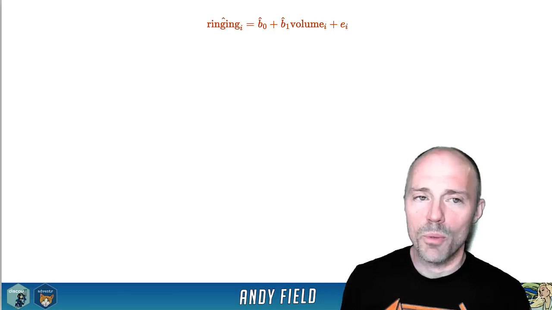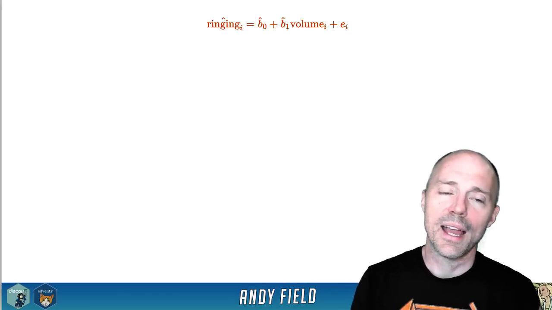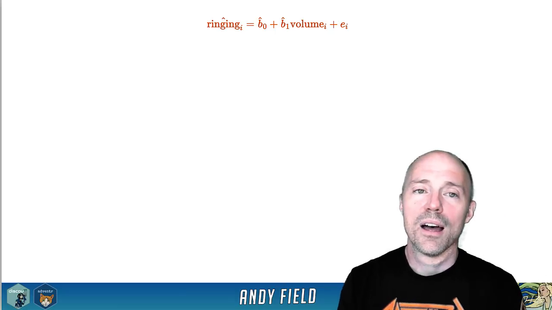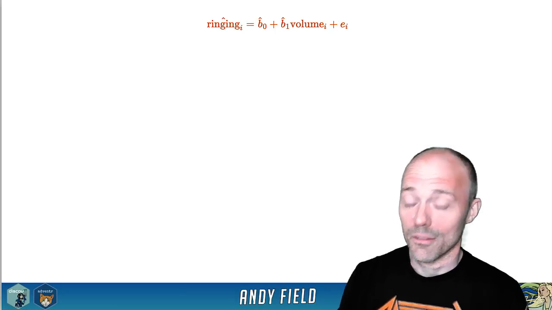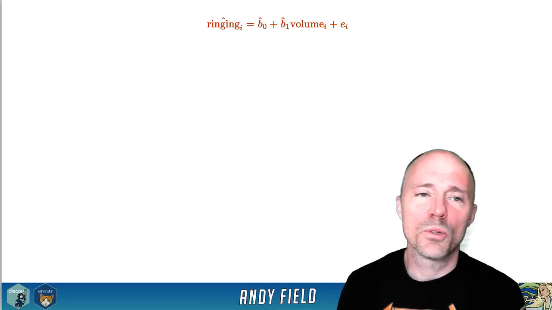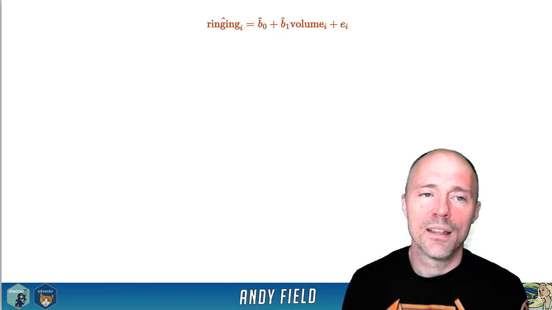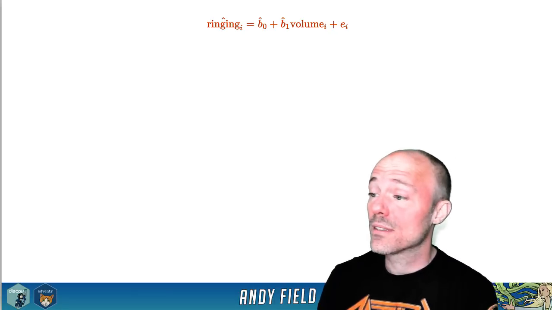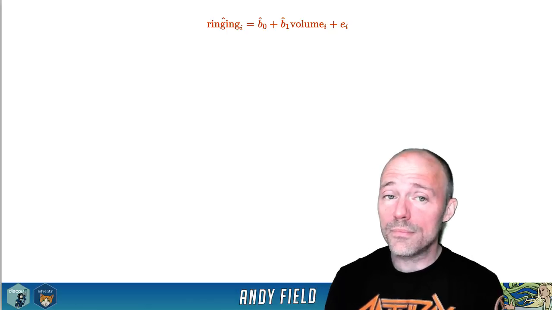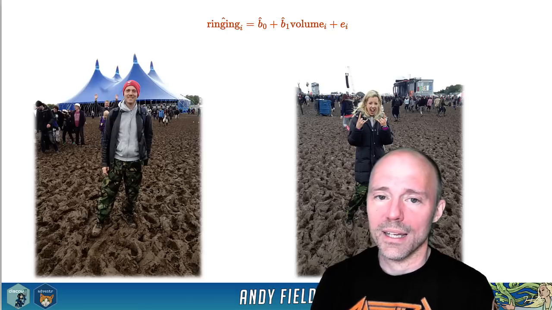We looked at some examples of this. So we had an example of predicting how long people's ears ring for based on the volume of concerts they attend, or a concert that they attended. The form of the model is that we're predicting the number of hours that someone's ears rang for, and we're predicting it from the volume of the concert, and the volume has a B attached to it.